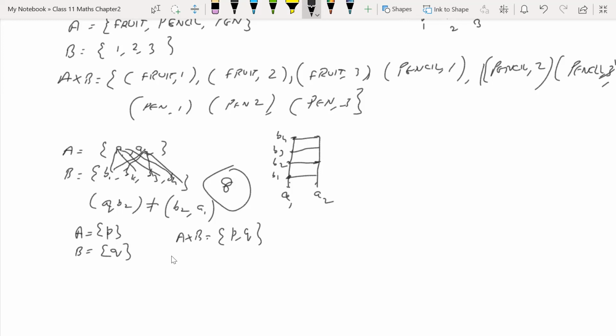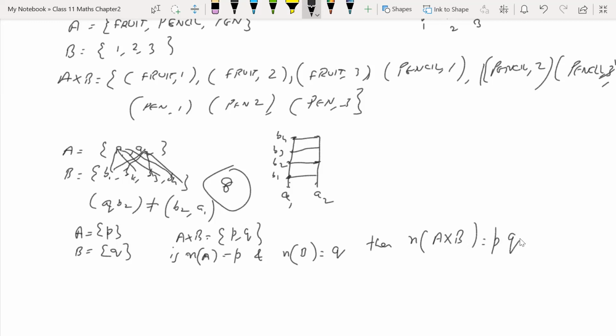The condition is that if and only if the number of elements in A is p and in B is q, then n(A×B) is equal to pq.